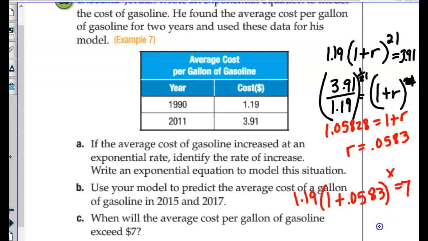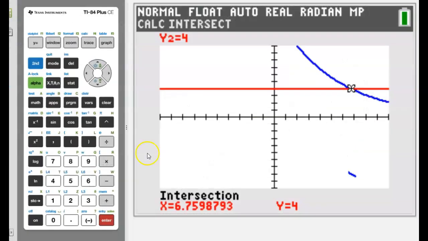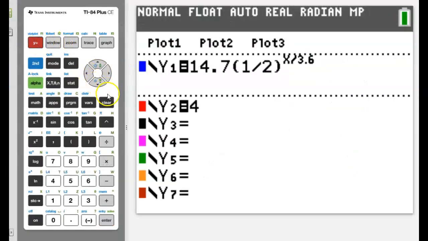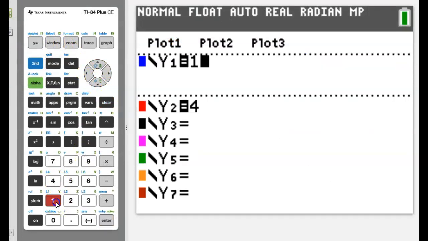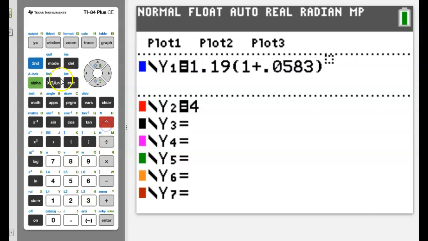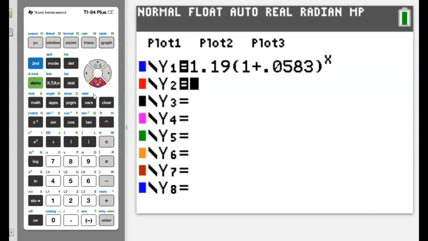So you'd probably have to do it as a graphing question, because we haven't figured out how to do that otherwise. 1.19 times 1 plus 0.0583, and then to the X, and we want to know when it exceeds $7.